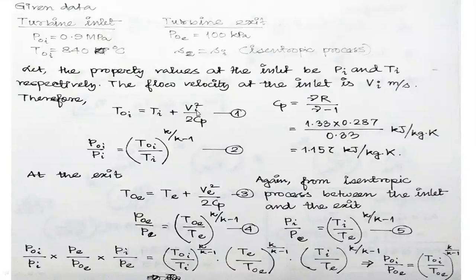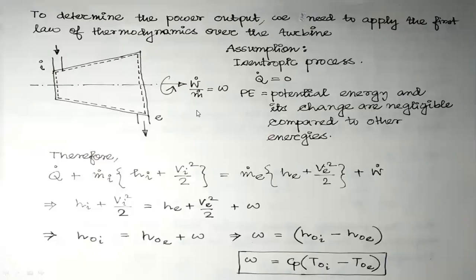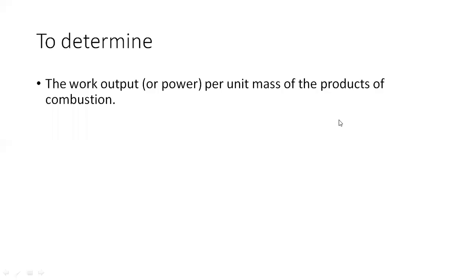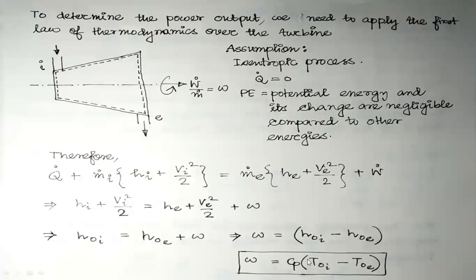Now you see that in this problem, to determine the work output, we need to know what is T0e. All other quantities, that is Cp and T0i, are given. How to determine Cp?